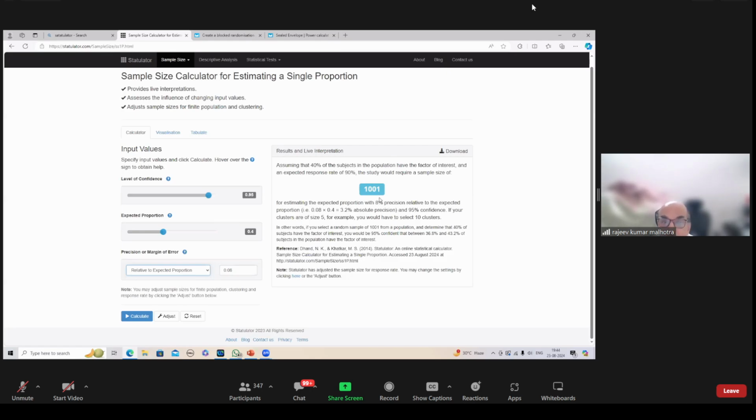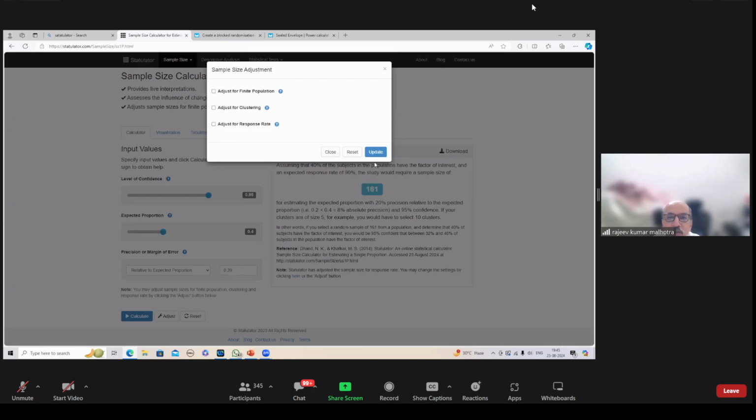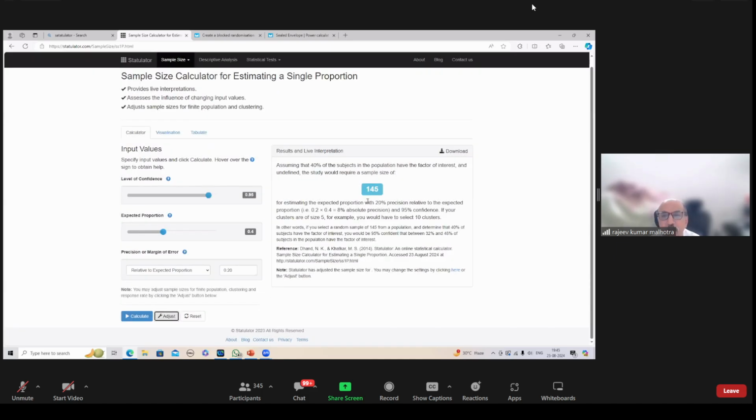So that thing you have to take care about, because whether you are entering the relative or whether you are entering absolute. Now, if I put here the 20%, 0.02, my sample size will come to 160, same because I have taken that one adjustment. So I update, my sample size will come to be 145.